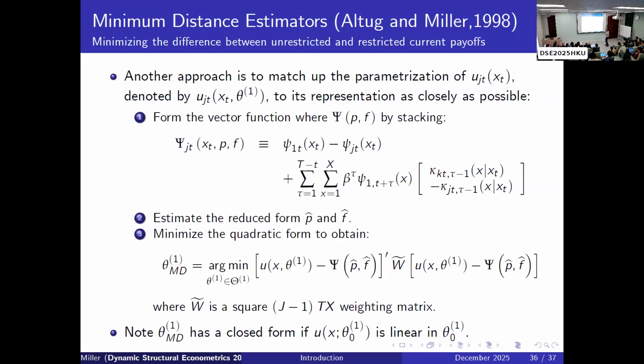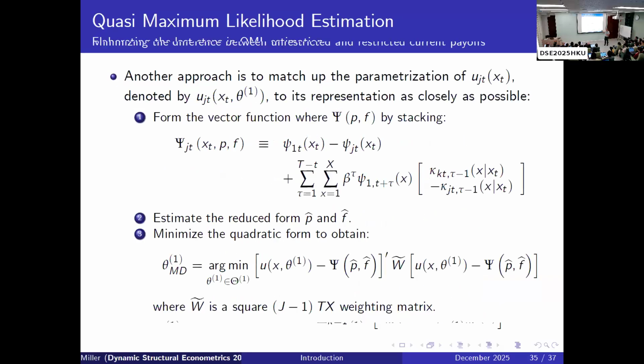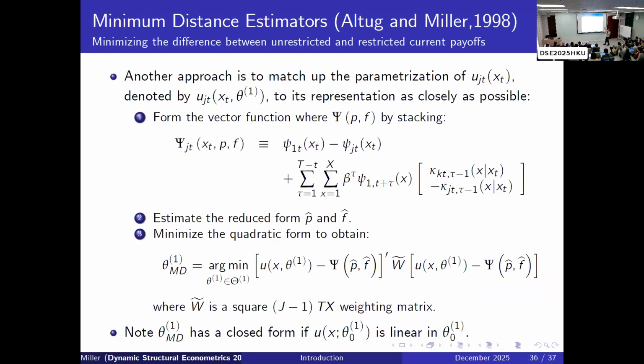So go away and first of all, get the unrestricted estimates, okay? Get the unrestricted estimates using the conditional value function stuff that we talked about back here, with respect to that representation. Here it is, the differences between those two, okay? It's a little bit hard to see here, but what I'm doing is subtracting the j from the first, and that's why I've got this subtraction going on here.